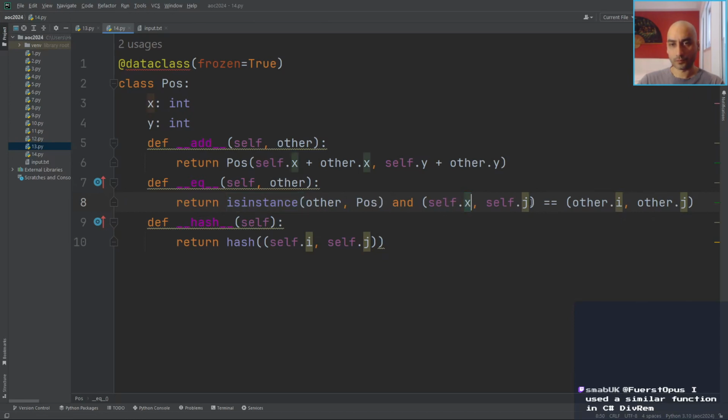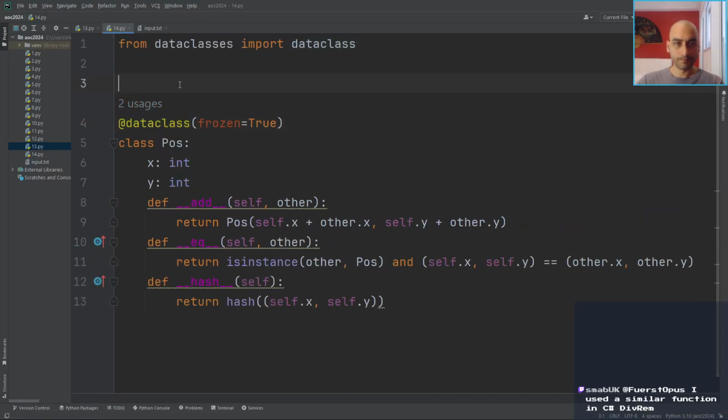Okay, so 101 tiles wide and 103 tiles tall.